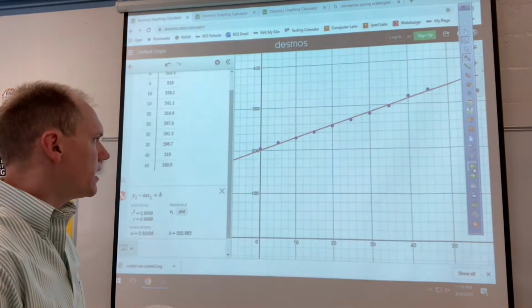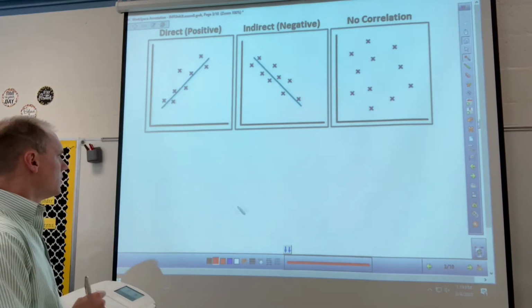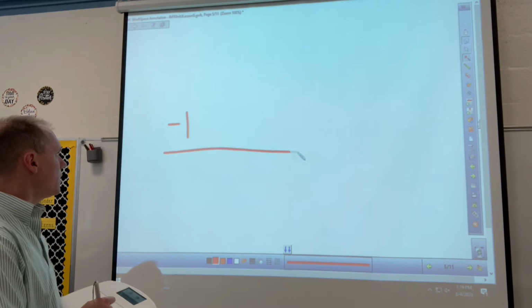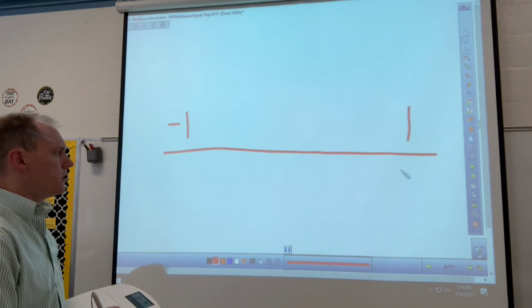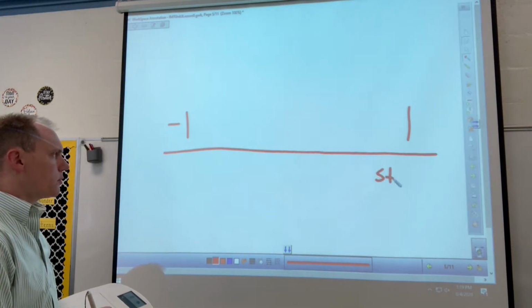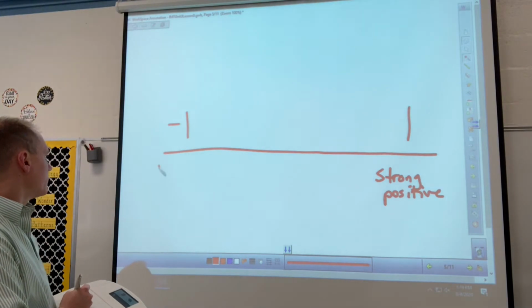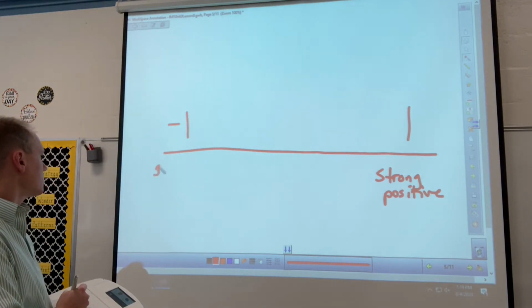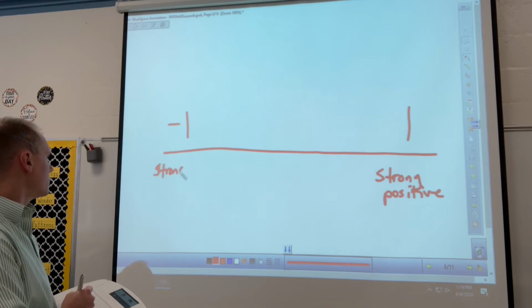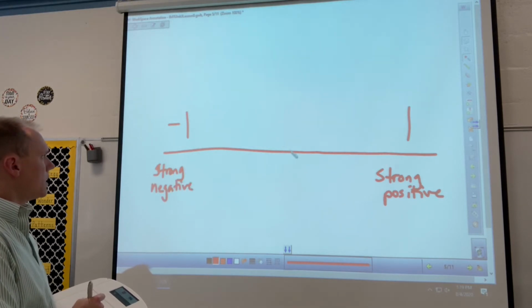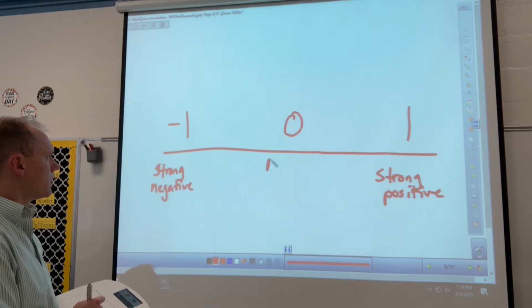They can go from -1 all the way to 1. This is where we have strong positive. Over here we have strong negative. And in the middle, around 0, we have no correlation.